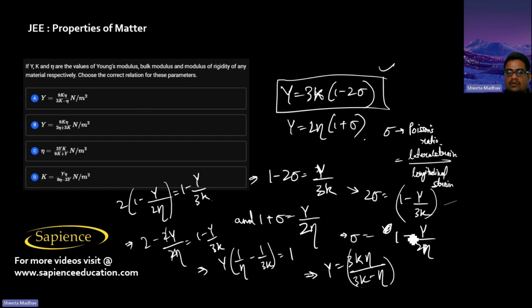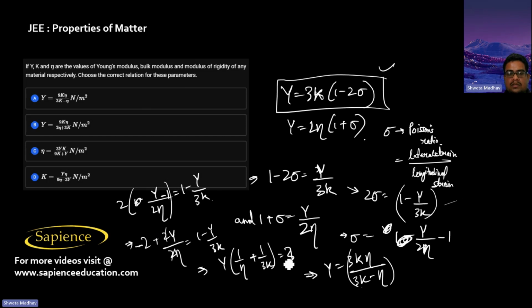So this is actually 2y by 2 eta minus 1, y by 2 eta minus 1. So this will be 2y by 2 eta minus 2. So y into 1 by eta plus 1 by 3k is equal to 1 plus 2, that is 3.